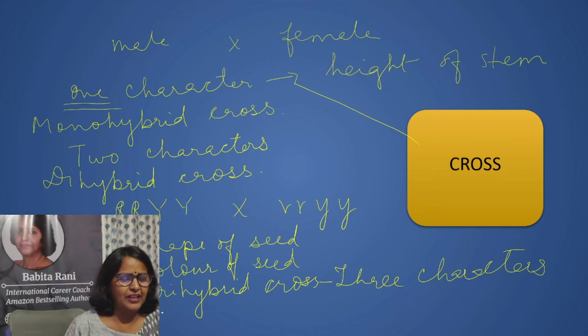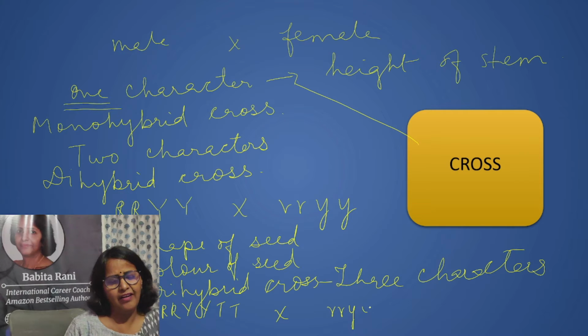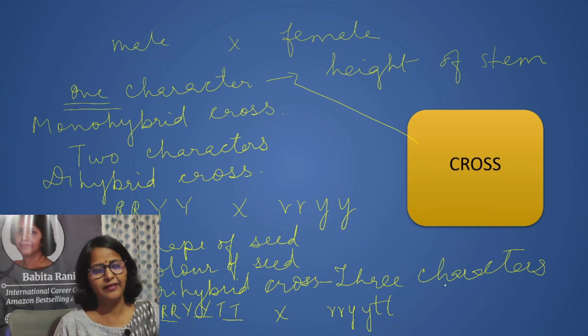For example, RRYYTT into RRYYTT. What are the 3 characters that we are looking at here? Shape of the seed, color of the seed, height of the stem. We are considering all the 3 characters.